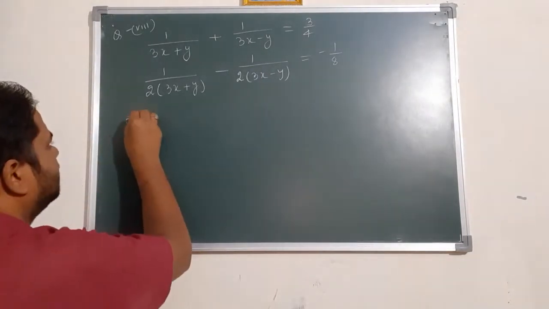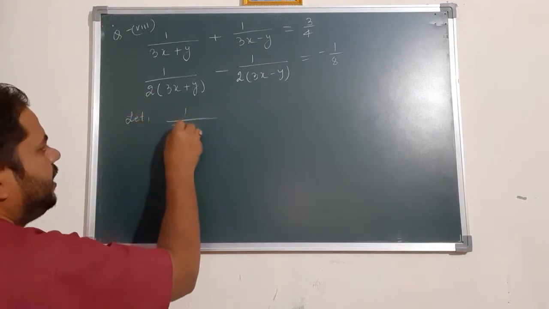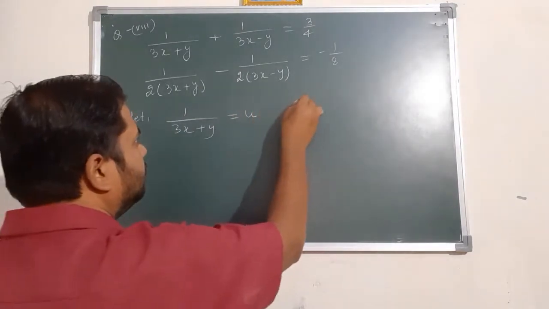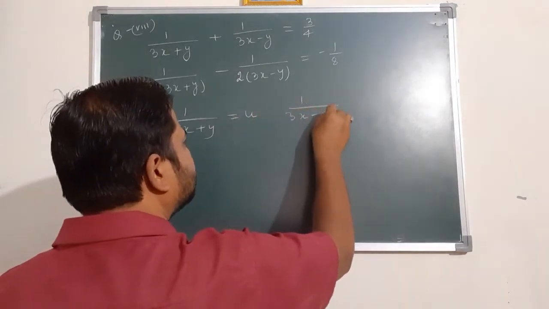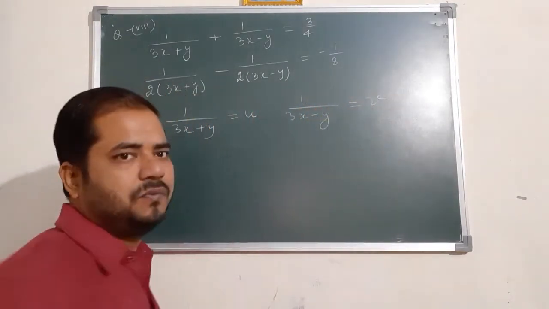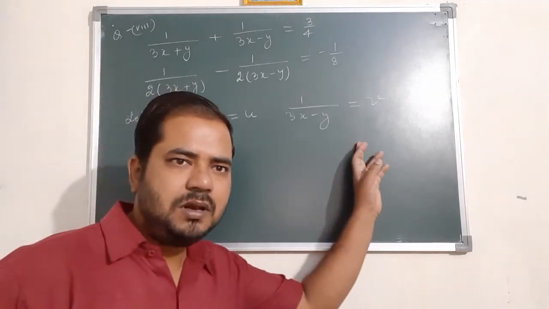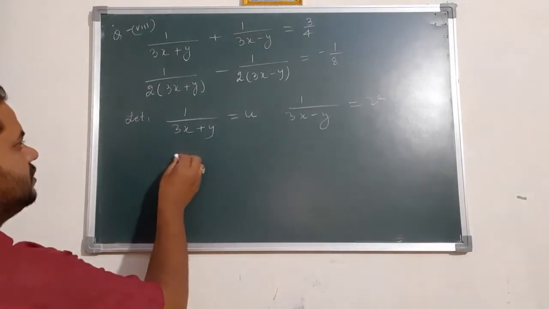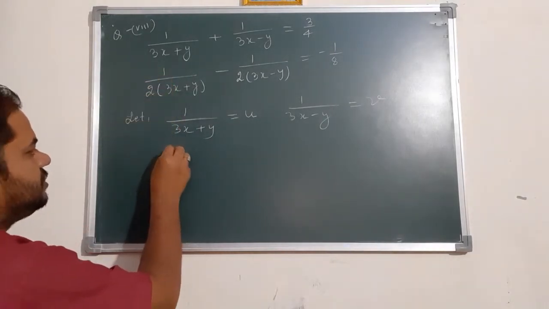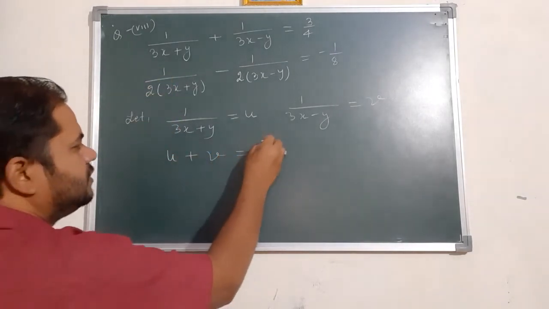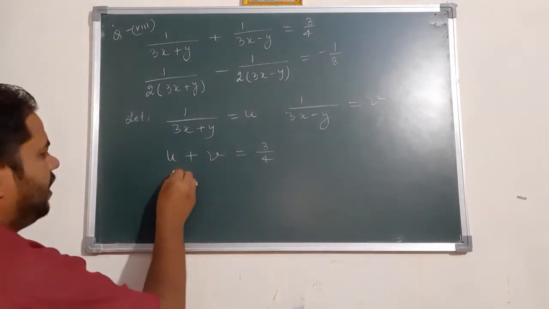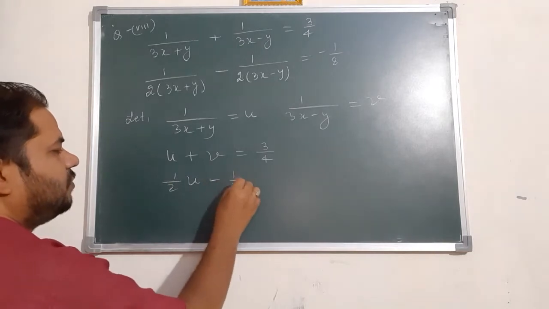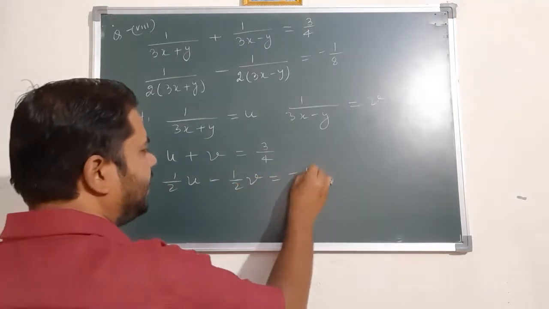Let 1 upon 3x plus y be u, and 1 upon 3x minus y be v. So the above equations reduce to u plus v is 3 by 4, and 1 upon 2u minus 1 upon 2v is minus 1 upon 8.